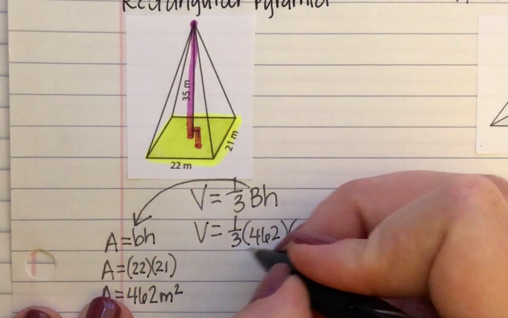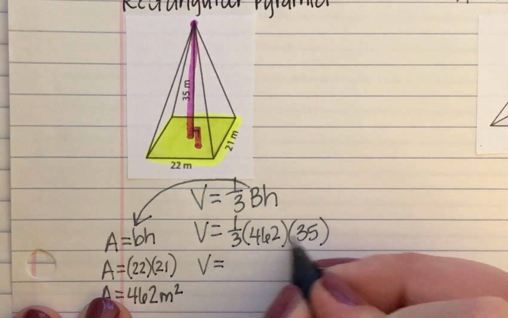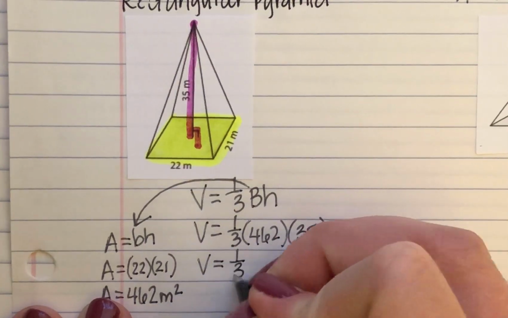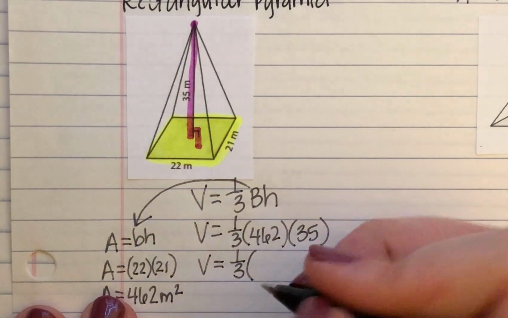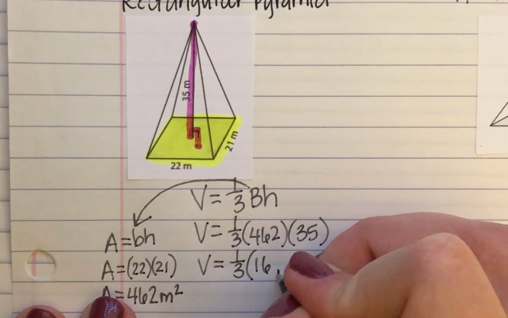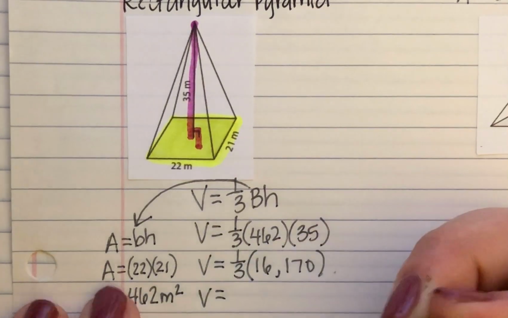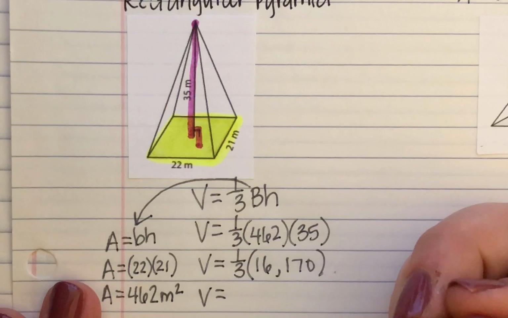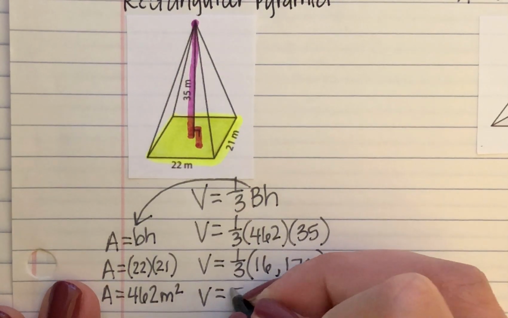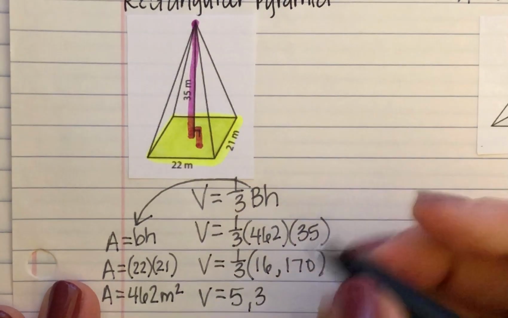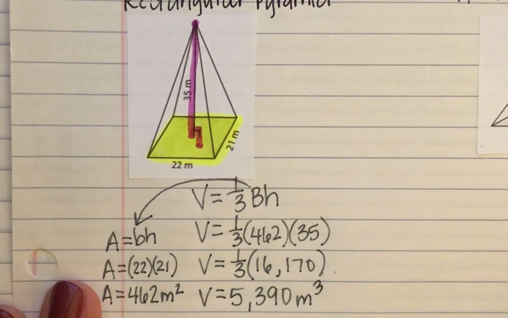I don't know if you can take 1/3 of 462 really easily, so we're just gonna go ahead and multiply these two guys out. So I need 1/3, 462 times 35 is 16,170. And then again, to find 1/3 of something, we're gonna just divide that by 3. So 16,170 divided by 3 is gonna be 5,390. And because it is volume, it is meters cubed.